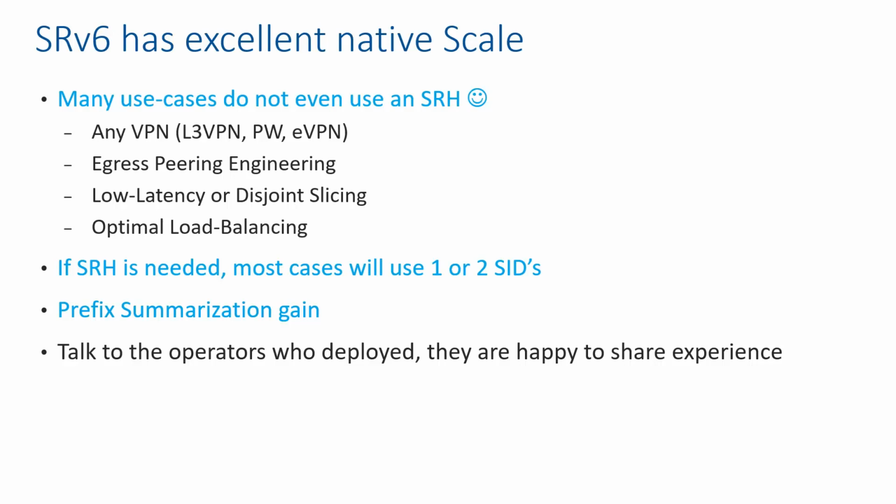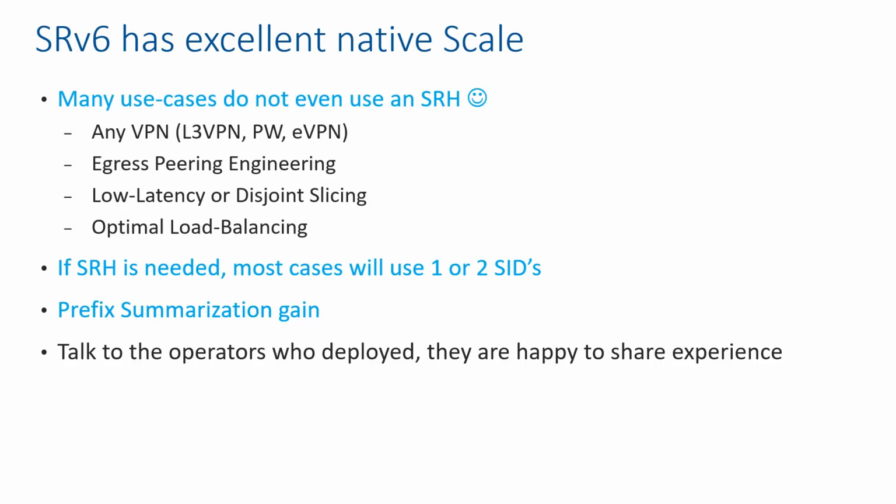If you look at the low latency or disjoint slicing for 5G across multi-domain networks, they do not require SRH. If you look at optimal load balancing, you do not need any SRH or any other protocol, etc. It's in the other IPv6 header. And if we need an SRH, in most cases you will need one or two segments or instructions additional to build your network program. And we saw that we had the prefix summarization gain.